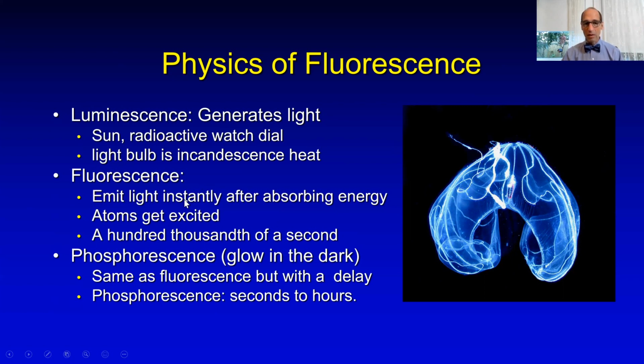Light is hitting you, you're not generating it, and you absorb the energy, and your atoms get excited, and then they shoot off light at a slightly lower energy or longer wavelength. Phosphorescence is when you re-emit light, but there's a delay, like a glow-in-the-dark thing.